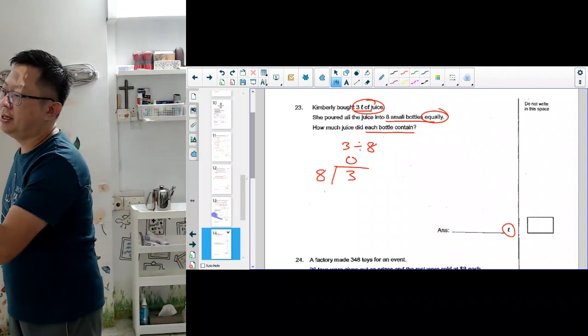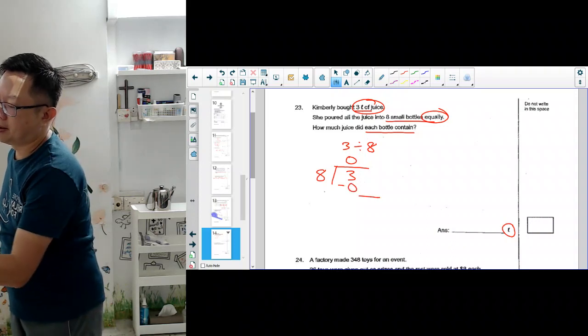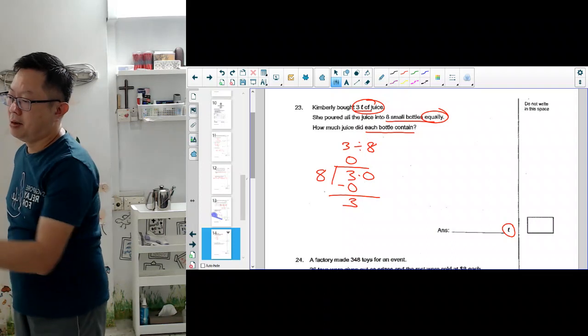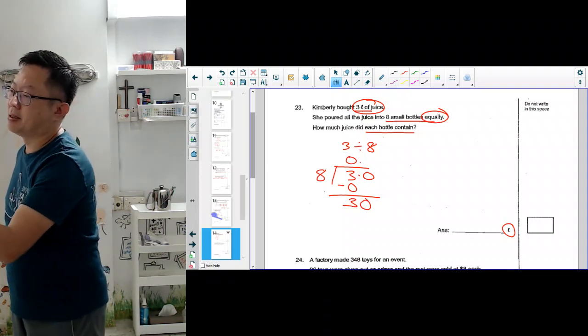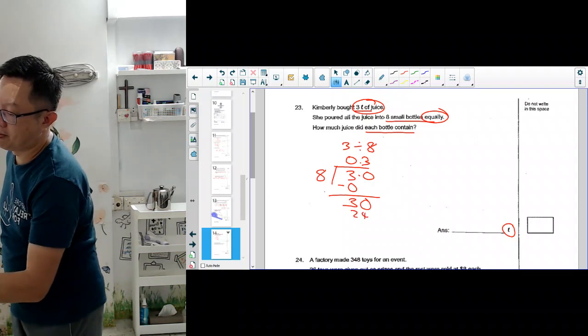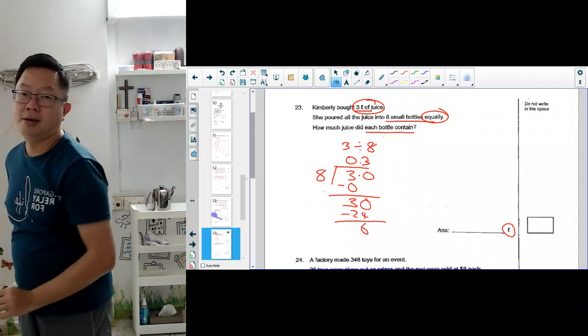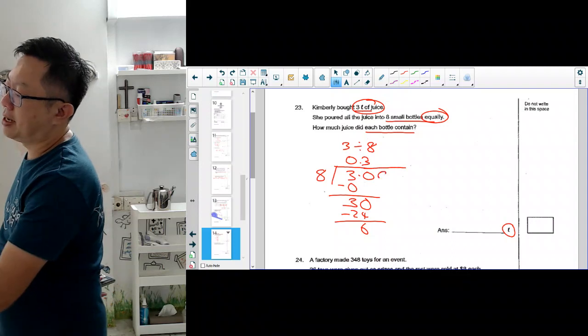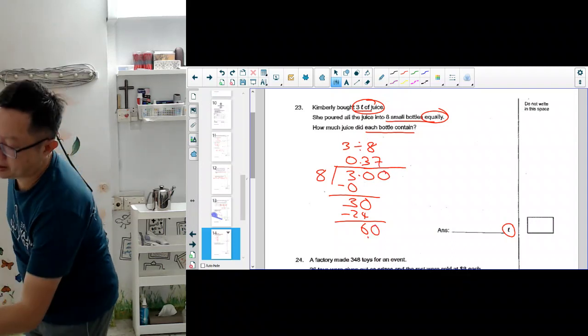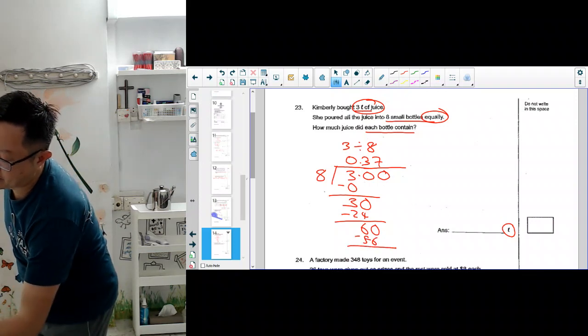So 0 times 8, you get 0, and remainder 3. And change the whole number into a decimal. Bring down the 0, bring up the decimal point, and then 3 times 8, you will get 24, remainder 6 again. To continue dividing, you just add one more 0 and pull down the 0, and then 7 times 8, you get 56, and there's a remainder 4.